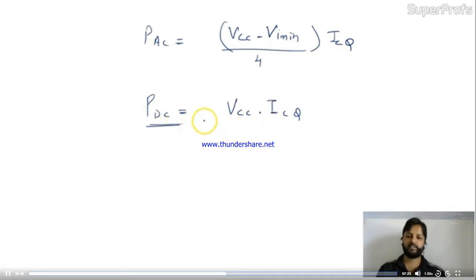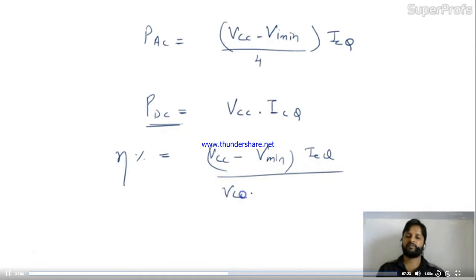So definitely this is your PDC. Now I'm talking about the conversion efficiency. The conversion efficiency is this upon this, (VCC minus Vmin) ICQ divided by VCC into ICQ.